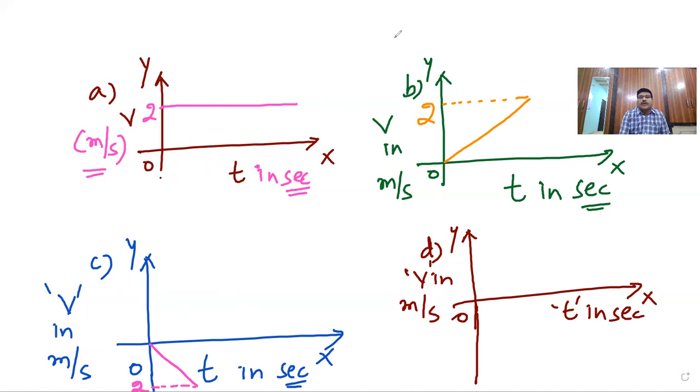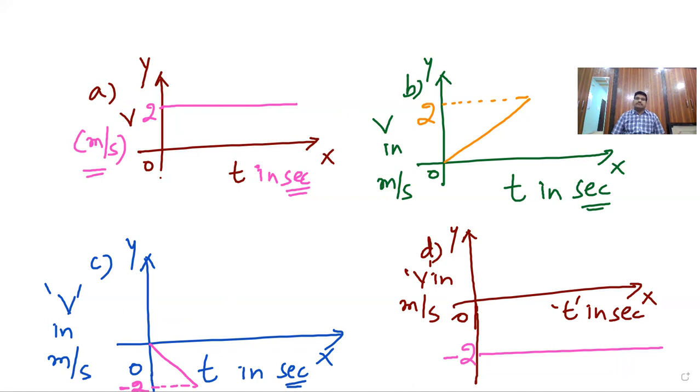Now the graph provided is a straight line parallel to the x-axis, but here it is -2. In option C also it is minus, towards the negative y-axis. Both C and D are towards the negative y-axis. These are the 4 options that are provided to us.